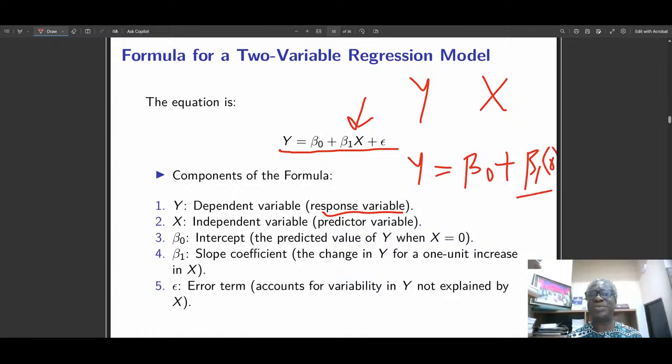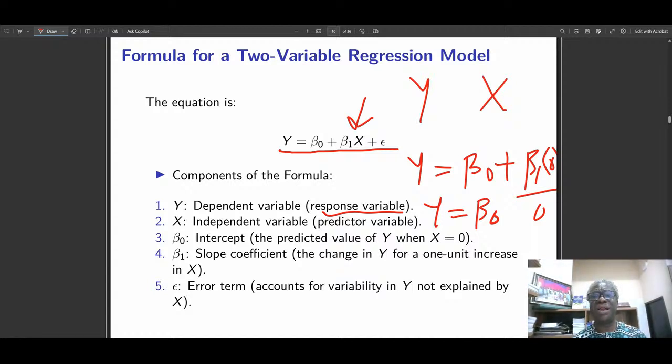And this will be 0. So y equals beta naught, which is the intercept, and it simply gives the value of the dependent variable y when the independent variable is 0.